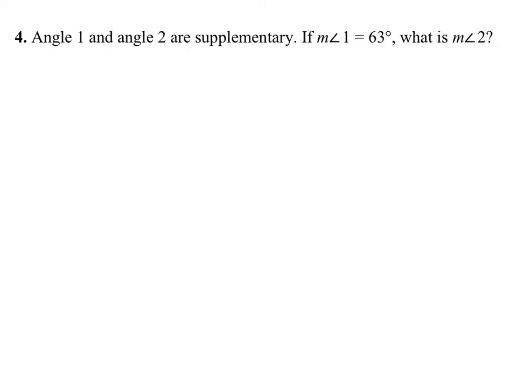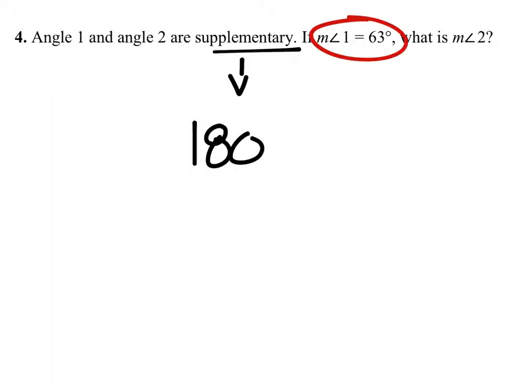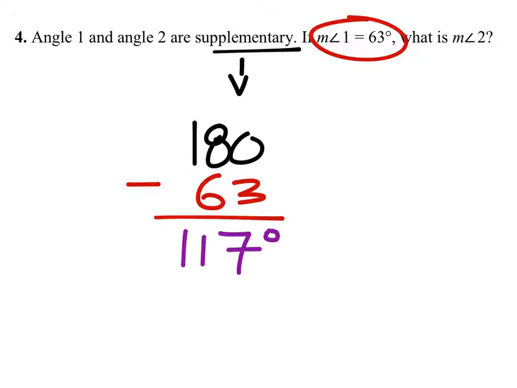So this is a supplementary relationship between angles 1 and 2. And they told us the measure of angle 1. So supplementary is how many degrees? 180 degrees. Well, we got two angles. One of them already is 63 degrees. So I'm going to take away that 63 degrees, which would tell me the measure of the other angle. And in this case, looks like it's 117 degrees.